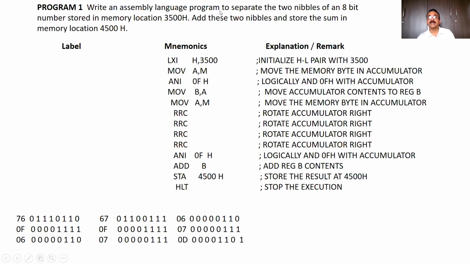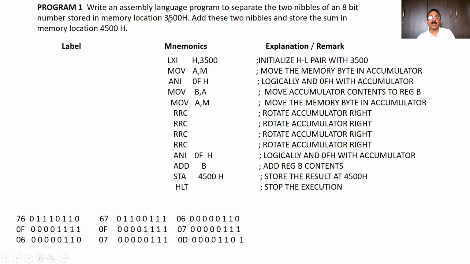Now in this case, since 2 nibbles means 2 individual digits are asked to add, we don't require counter for carry. So from the statement, we don't require counter for number of bytes since only 1 byte is there, and we don't require counter for carry also because we are adding 2 digits of a given byte. So since we don't require counter, we don't initialize counter because it is not required.